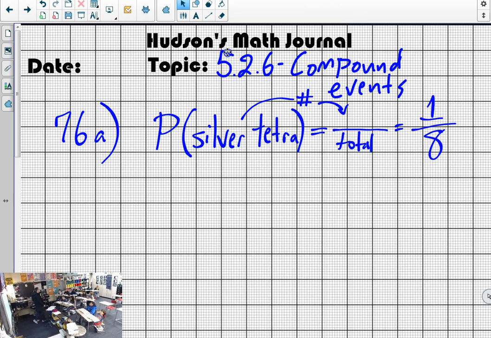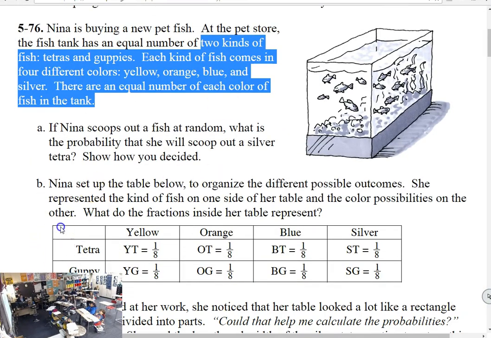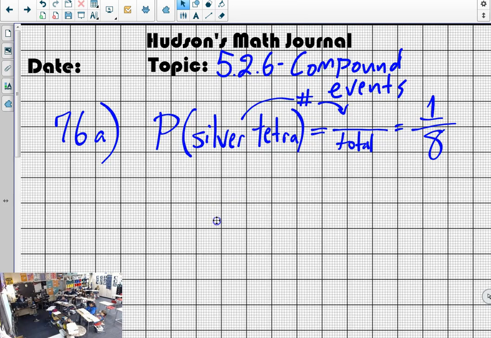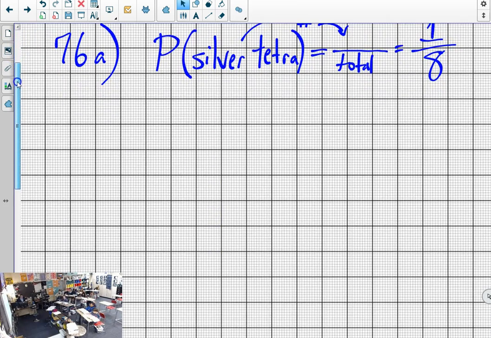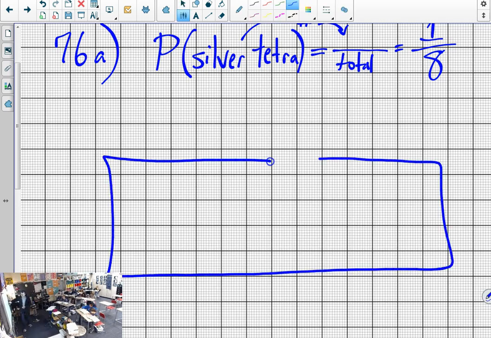And now we can probably relatively trust this because of what we just talked about, there's 8 different types of fish. So jot on your paper really quickly, it doesn't have to be super nice, but let's throw this table in our notes. So make a big old wide rectangle. Up top, we're going to put the color splits, and on the left, we're going to put the fish splits.